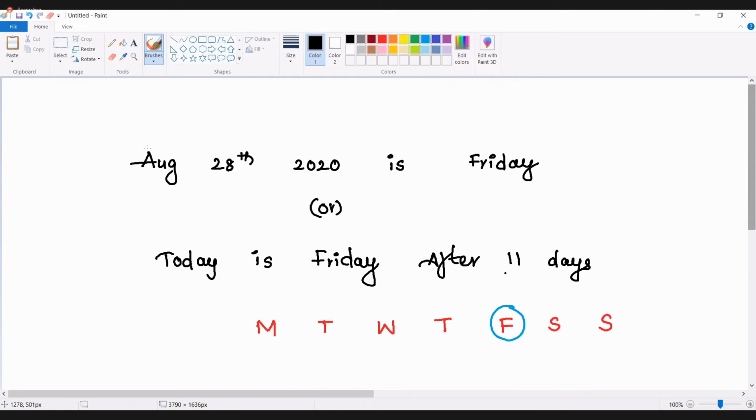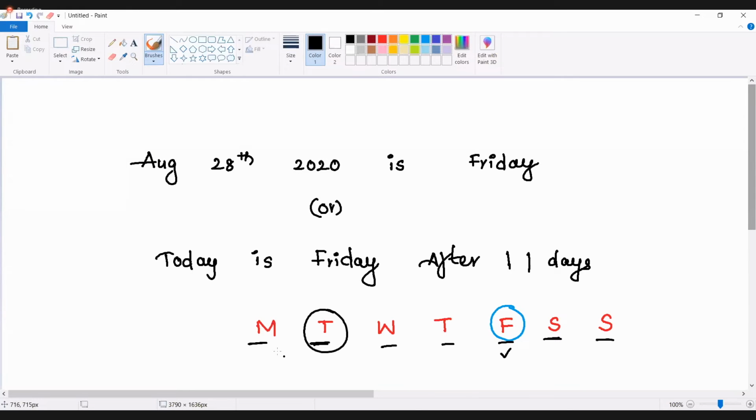If it is 11 days, I already have the reference, which is Friday. I just need to find the day after 11 days. Friday is given: 1, 2, 3, 4, 5, 6, 7, 8, 9, 10, 11. We can say the answer choice is Tuesday.